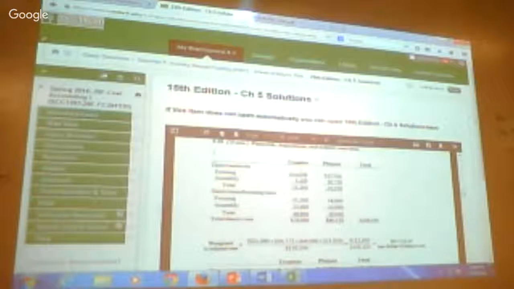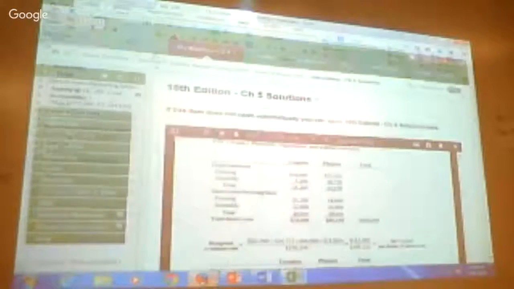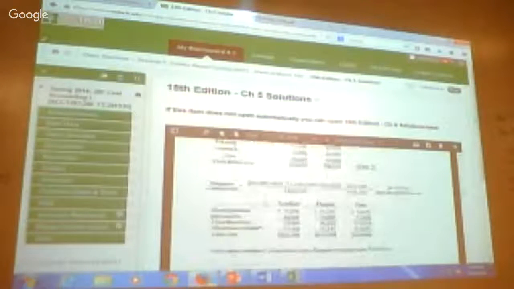Oh, okay, I see what they're doing. So basically on the first top part here, you're just taking the information and plugging it in. The bottom part is where you have to determine the rates.